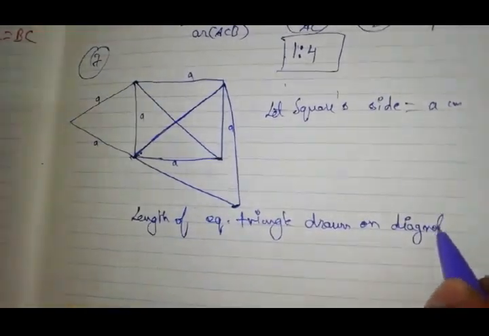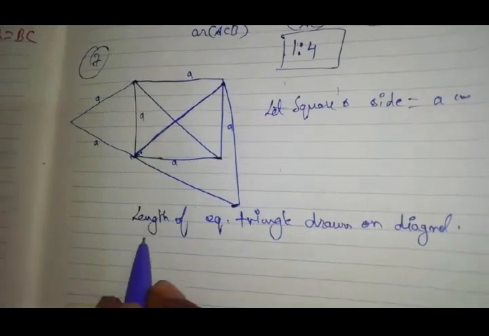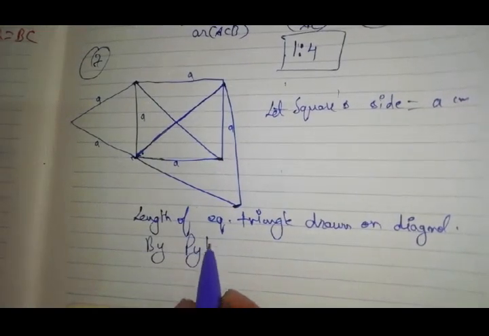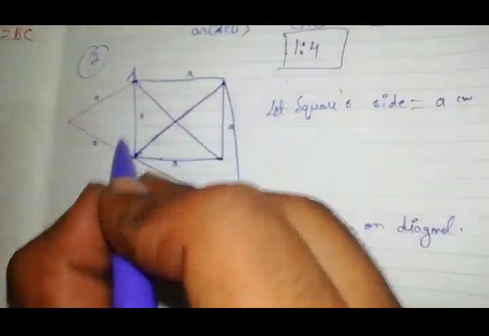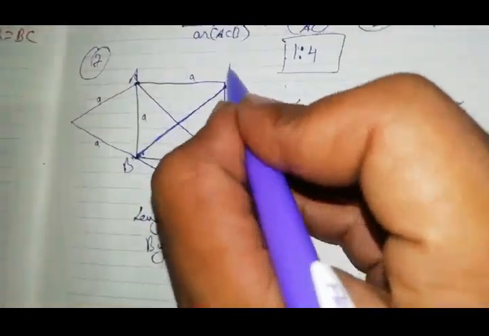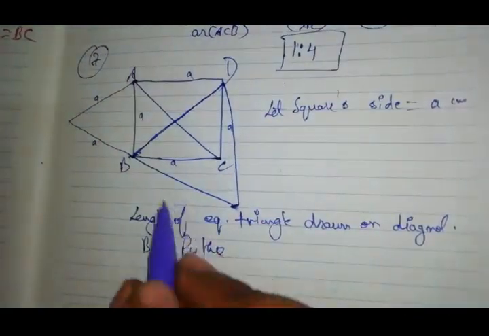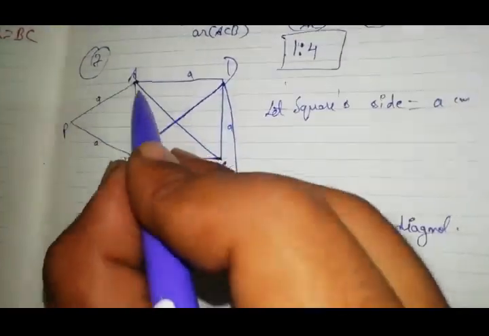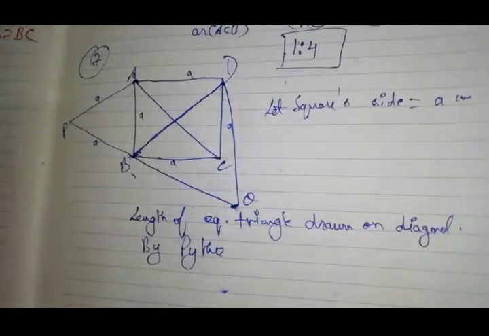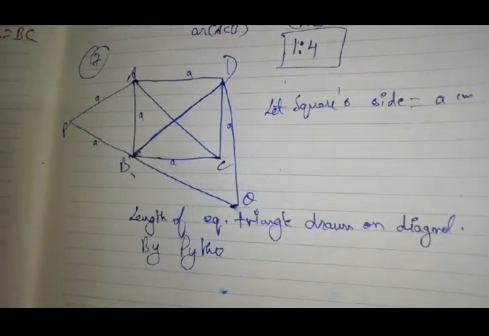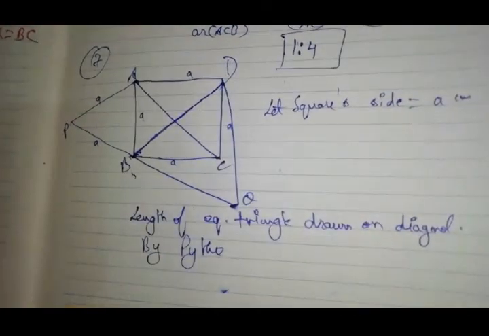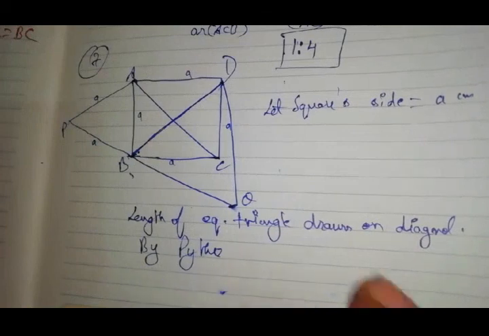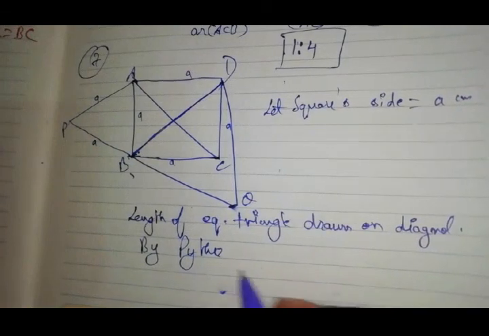How can we find the length of the diagonal of a square? By Pythagoras theorem. Let me name this square ABCD. Now this point will be P and this will be Q. So APB is an equilateral triangle of side a centimeter, and BQD is an equilateral triangle of the side that we are finding.